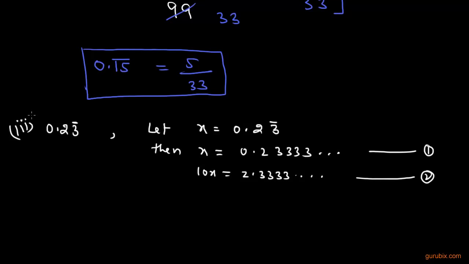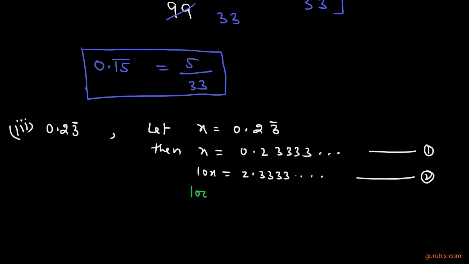And now what we observe is that the digit just right of the decimal point in these two values is not the same. Here it is 3 and here it is 2. So we shall multiply once again equation number 2 on both sides.